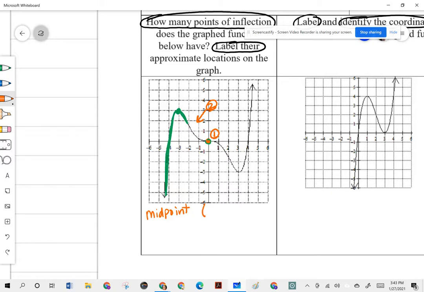So let's find the midpoint between 0, 0 and the maximum, which is negative 3, 3. The midpoint says that we are going to add the x's and divide by 2. Then we add the y's and divide by 2. So I am going to take 0 plus negative 3 and divide by 2.